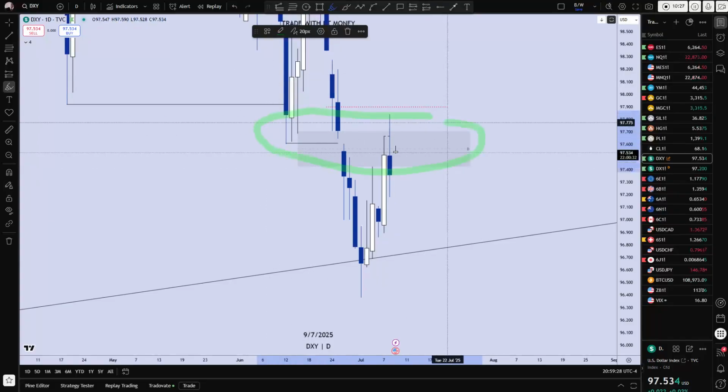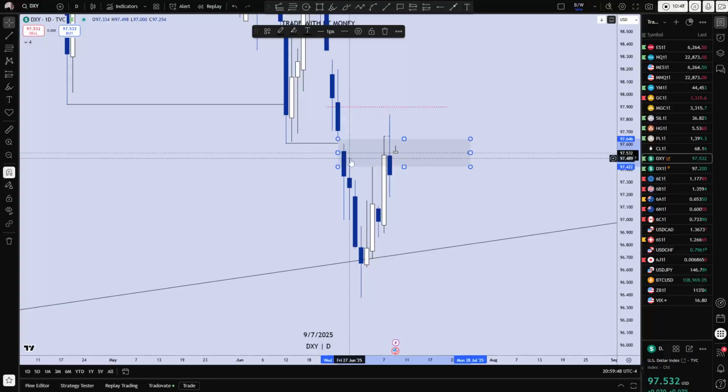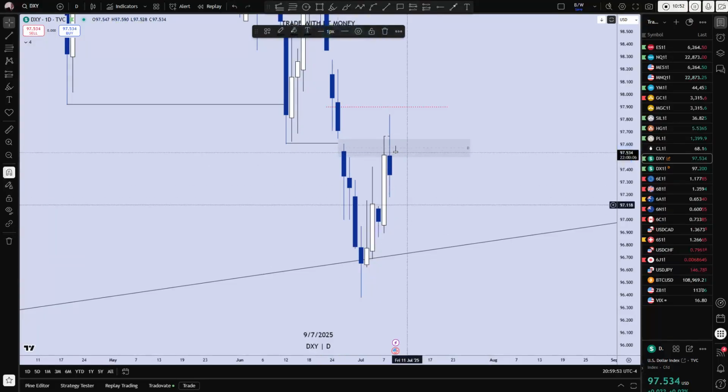Right here. That is a bearish daily fair value gap. All right. It's actually a weekly. I drew it out here because I stretched it just a minute ago on the weekly, but it should be looking like this on the daily, from this low to this high. Boom. All right.